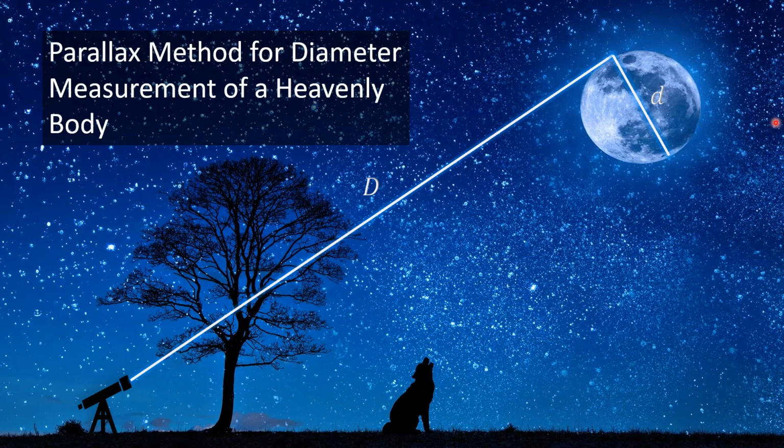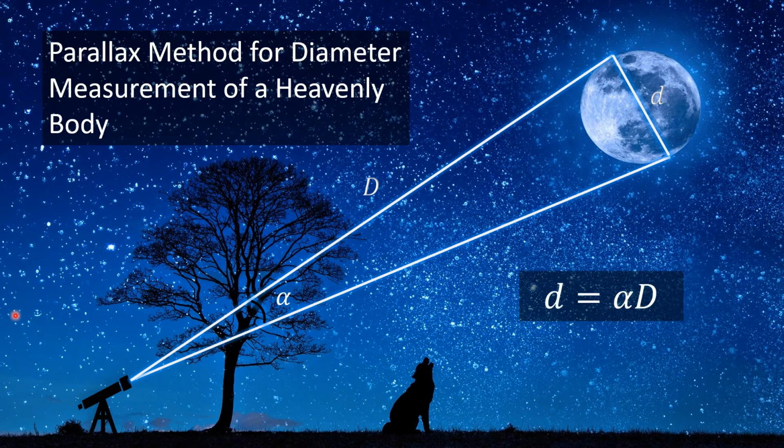So now we can focus our observatories on the extreme edges of this heavenly object. The extreme edges of this heavenly body will form an angle alpha at the observatory. Therefore, the diameter D can now be calculated as alpha times distance of this heavenly object from the earth.